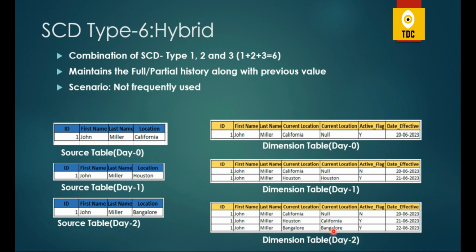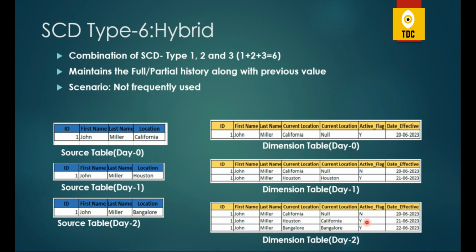Current and previous location both are Bangalore because you have to abide by SCD type 1. SCD type 2 again, active flag and date effective will be helpful for us to maintain the SCD type 2. And SCD type 3 is what? Always maintain the value where you actually have the previous and current location, so that we have these previous and current location columns here.